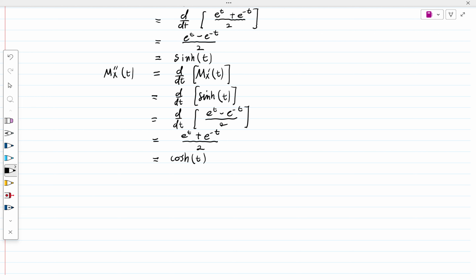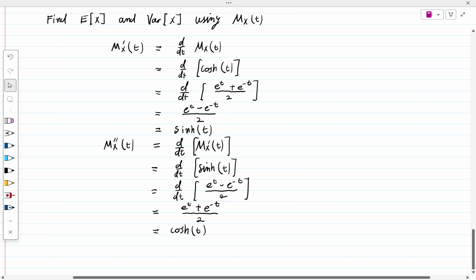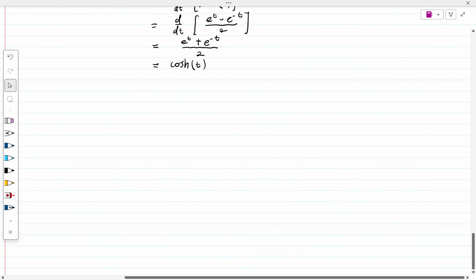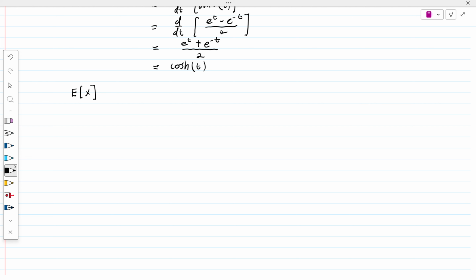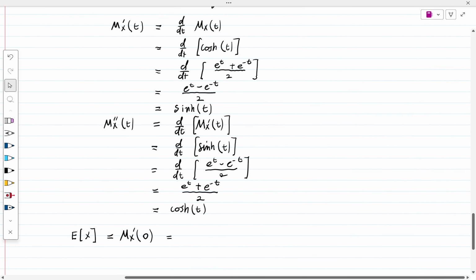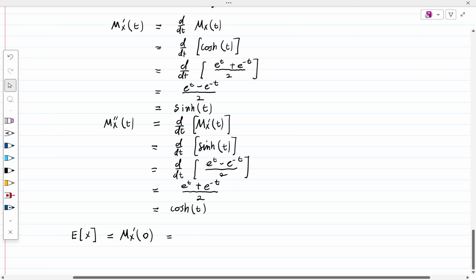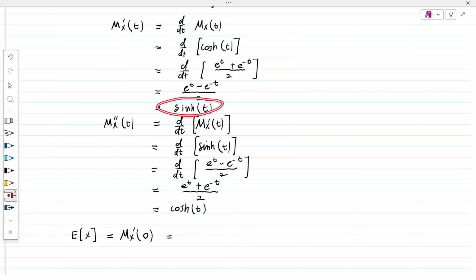So, we've evaluated the first and second derivative. This now allows us to calculate the first and second moment. So without further ado, the first moment, expected value of X, is equal to M_X prime of 0, which in this case, where was M_X prime? M_X prime was the following function here, sinh.